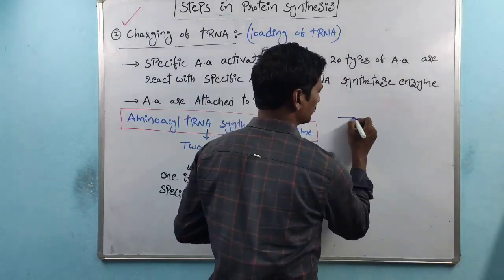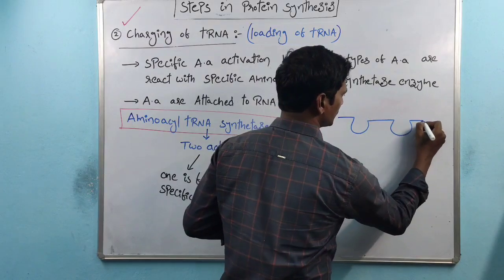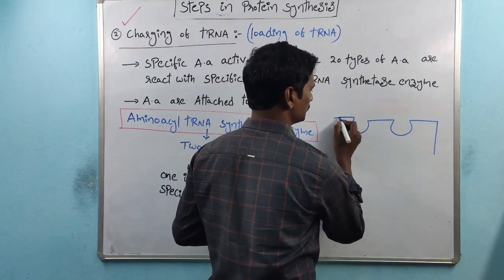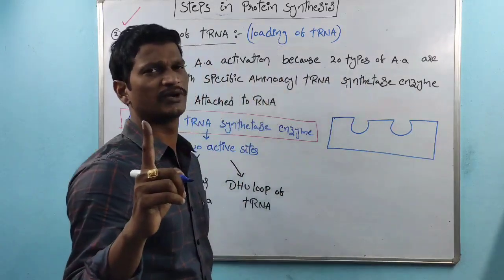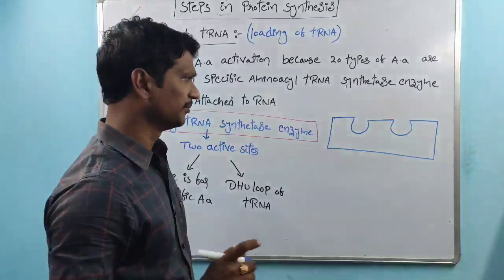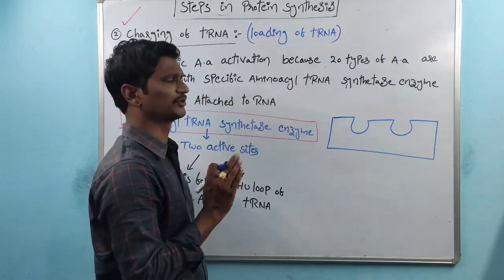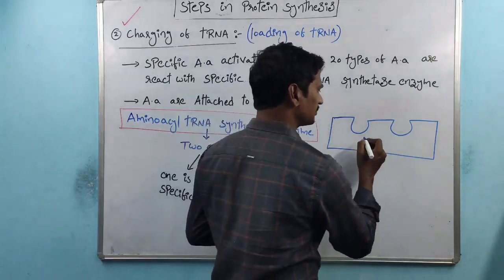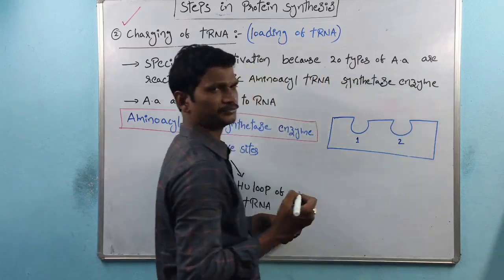See, this is one of the amino acid tRNA synthetase enzymes. The enzyme has two active sites. Generally enzymes have only one active site, but this enzyme is quite different. This is active site 1 and this is active site 2.